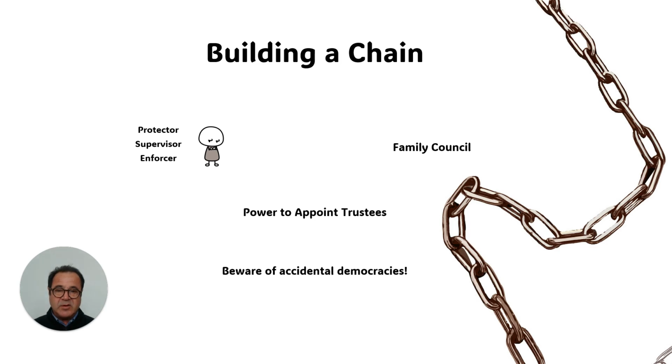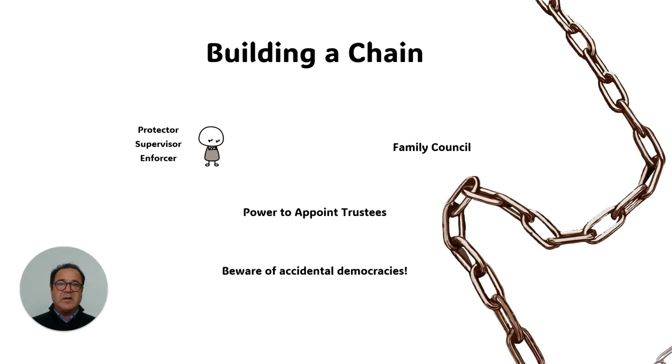In a later module, we're going to talk quite a lot about family constitutions and family councils. And there is an interesting interrelationship between protectors and family councils. Again, we do not want to put the family council completely in control, because we will create a democracy and things will happen that are not consistent with what the founder wanted.